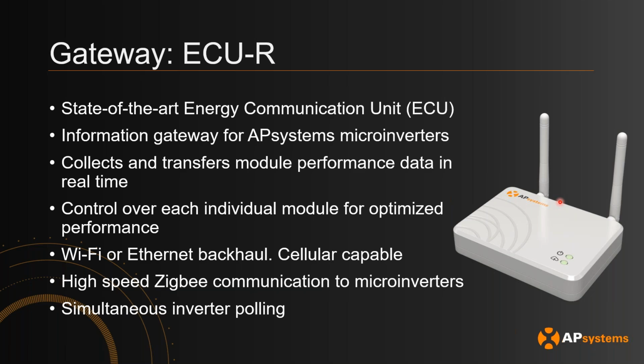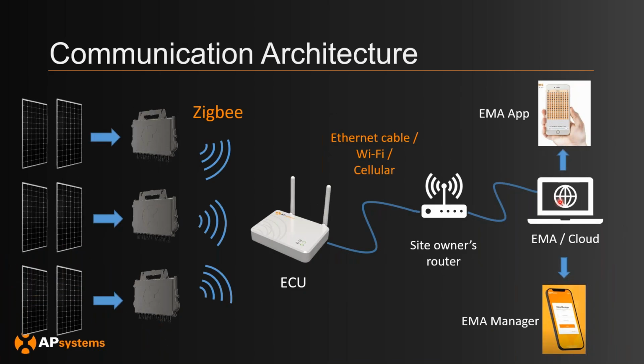It's also responsible for pushing any sort of remote control or updates. And this gateway device is also connected to the internet, so it can be connected via either a Wi-Fi connection or an Ethernet connection. And overall, it looks something like this.